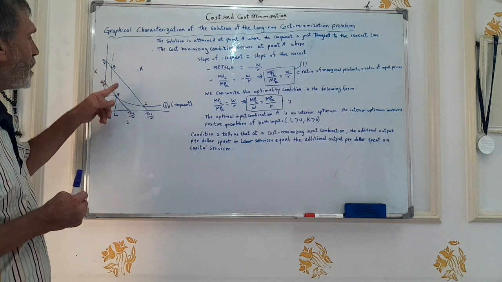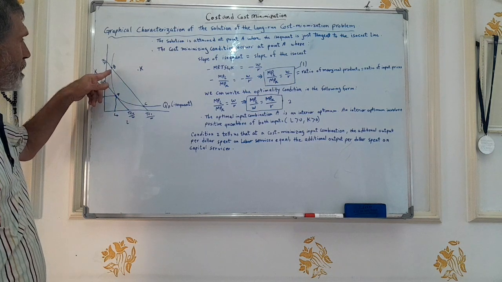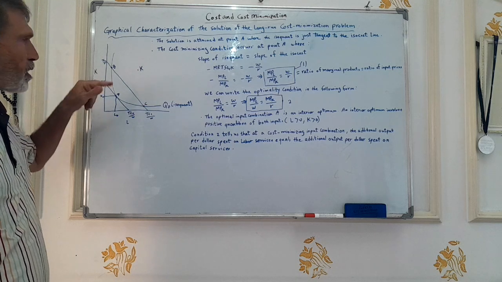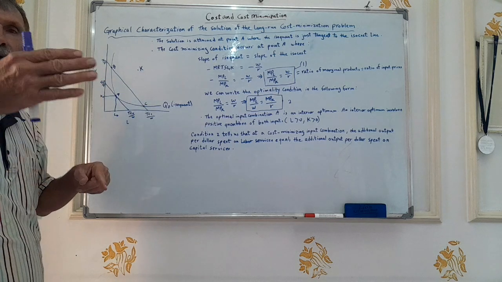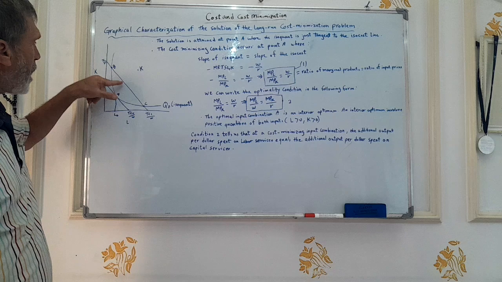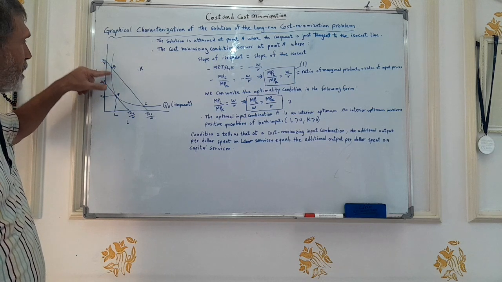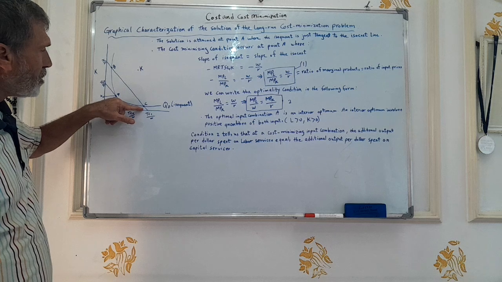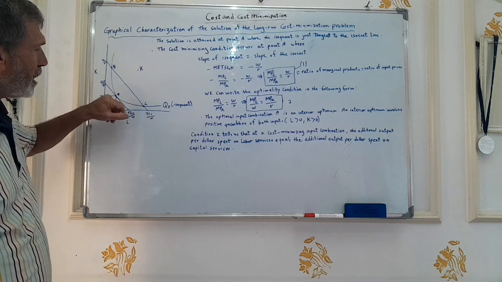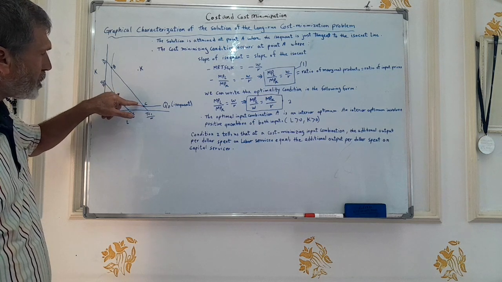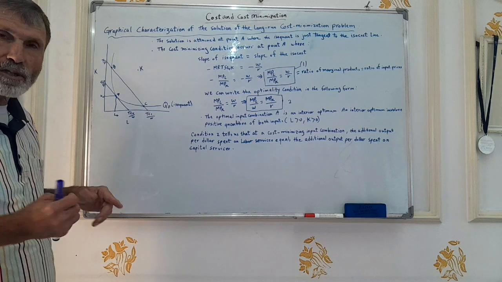Now what about B and C? The same thing: producing at B, as you can see, B is on a higher isocost. This isocost corresponds to a higher total cost, okay? And point C is also on a higher isocost, which corresponds to a higher total cost.